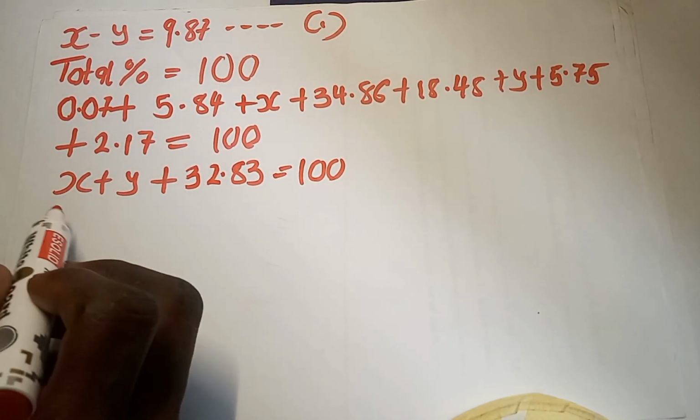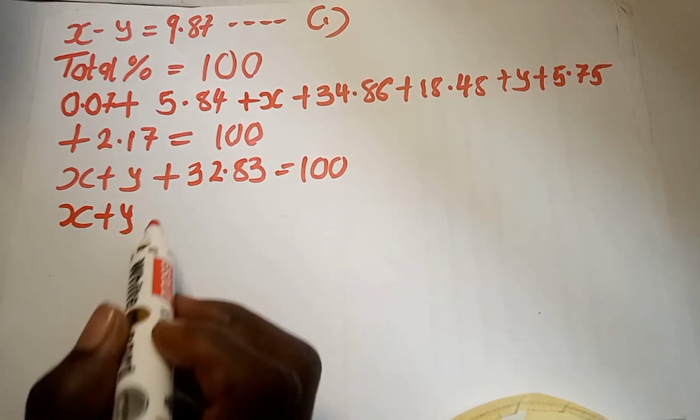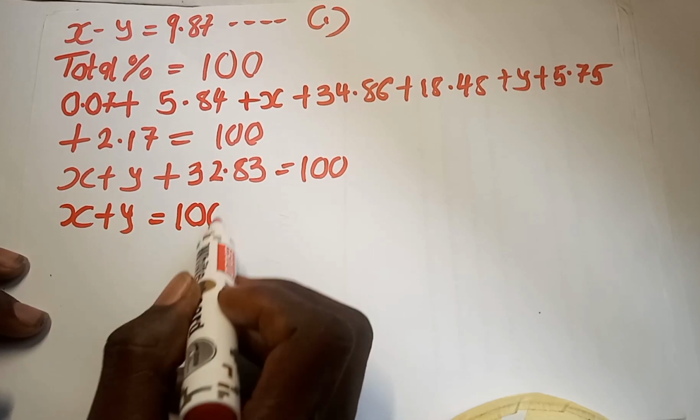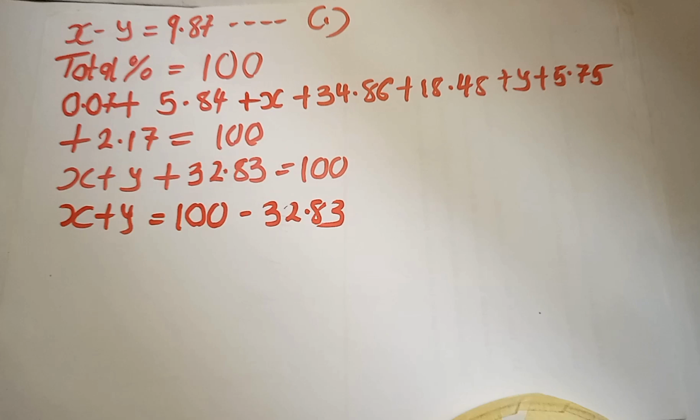So if I want to get my x plus y, it is equal to 100 minus 32.83. So subtract that, 100 minus 32.83, I have 67.17.